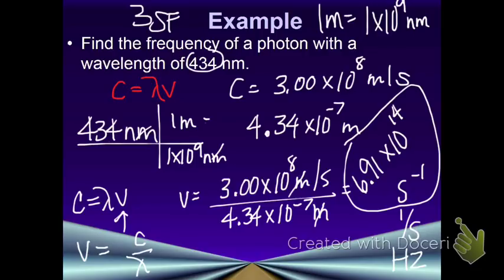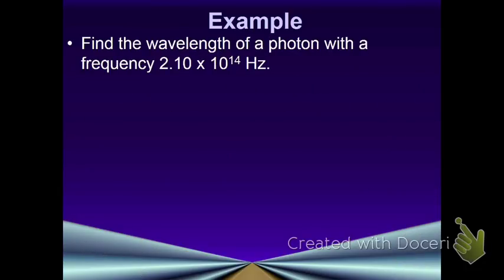So let's do another one. Let's do the next one, which is going to now have you solve for wavelength. Same equation, c is equal to wavelength times frequency. This time I'm solving for wavelength, so wavelength is equal to c over nu. Now I plug in what I have. Remember that a hertz is the same thing as a second minus 1, or 1 over second.